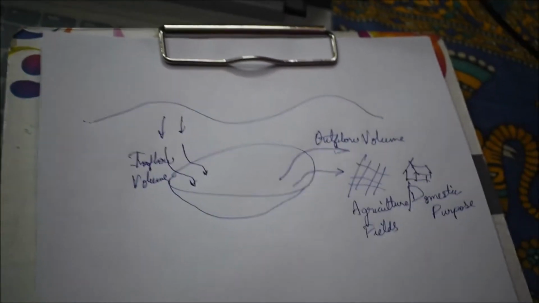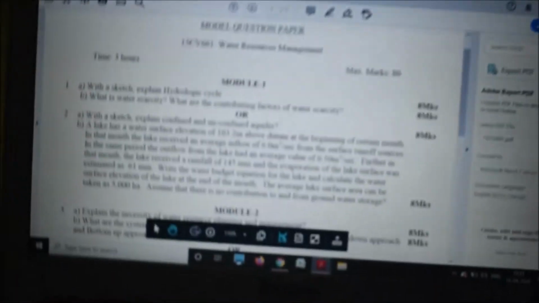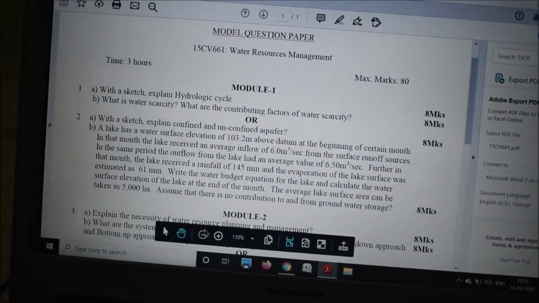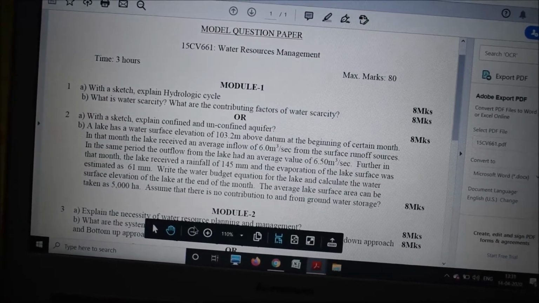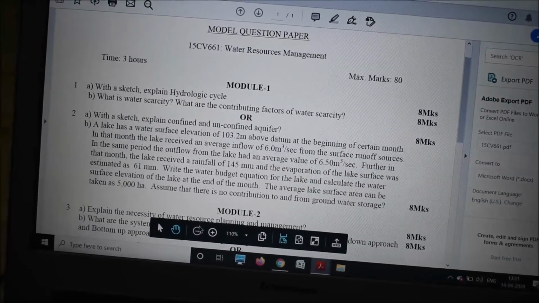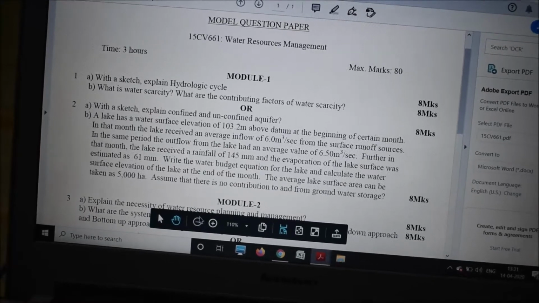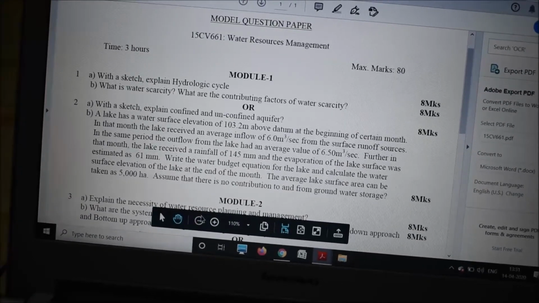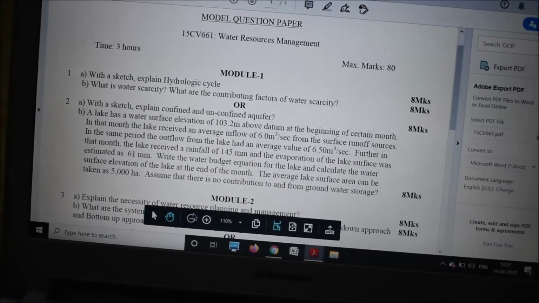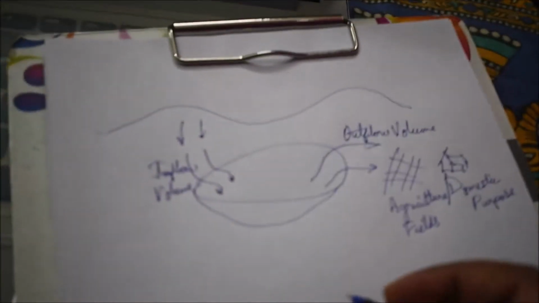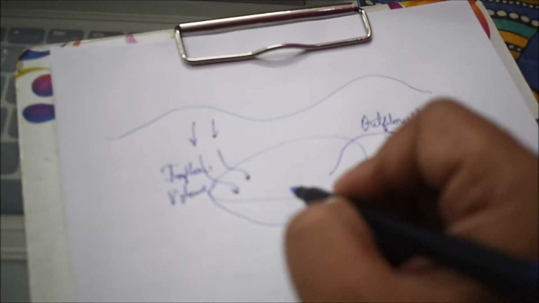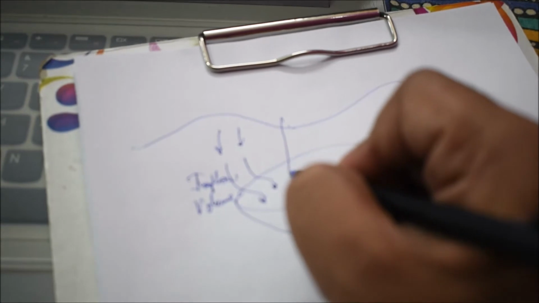So there is also a contribution of precipitation. That means if we just read out the fourth sentence of this problem, it says that further in that month the lake received a rainfall of 145 mm. That means this lake environment also has a contribution of precipitation.